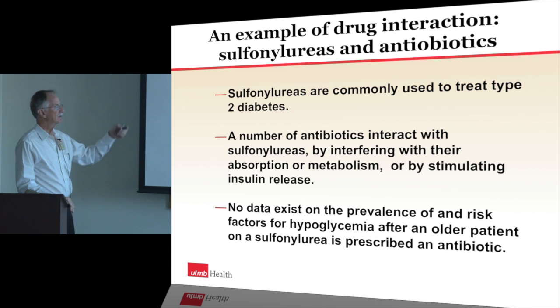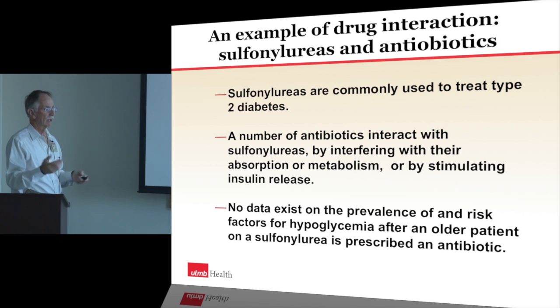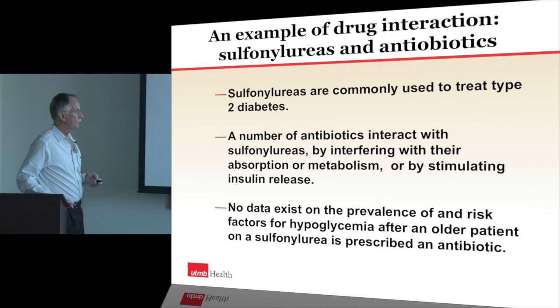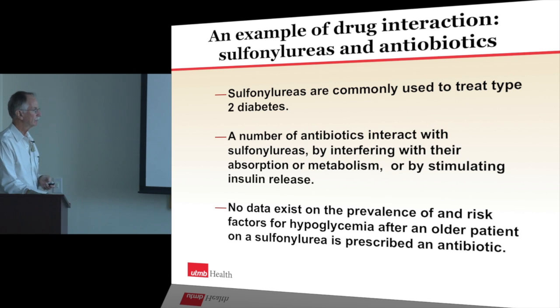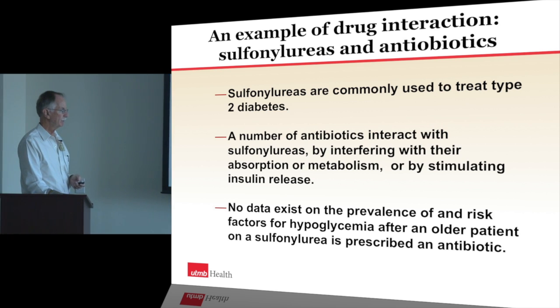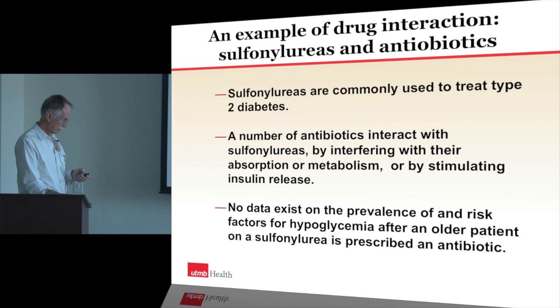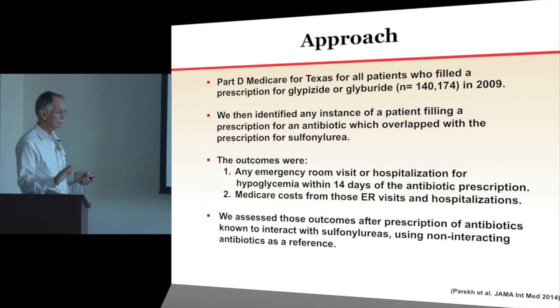And there have been a number of studies buried in the pharmacological literature about chemical interactions. But very few studies on the actual prevalence and risk of hypoglycemia after an older person is on an antibiotic. So this is like a classic thing you can do with Part D data.